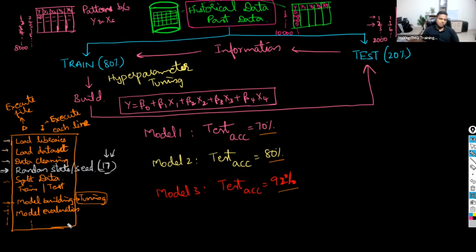In this process, however many more times you run, the underlying training and test data set will remain the same because the information is available in this. If you want 171, give 171, or 63, give 63. Whatever number comes to your mind, you can give, friends. That number is just like an object, which will hold the information that these observations should be part of train and all these observations should be part of test.